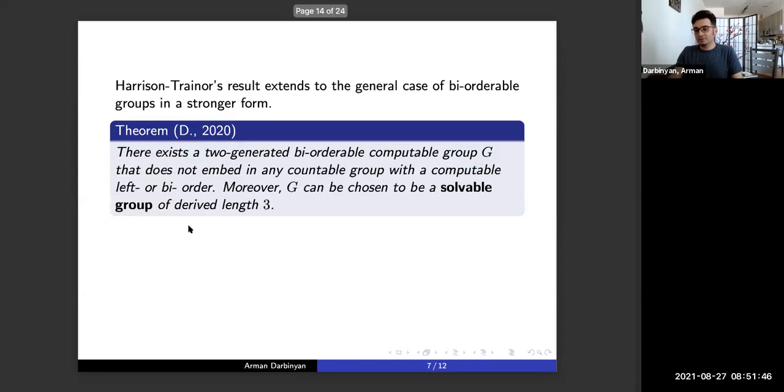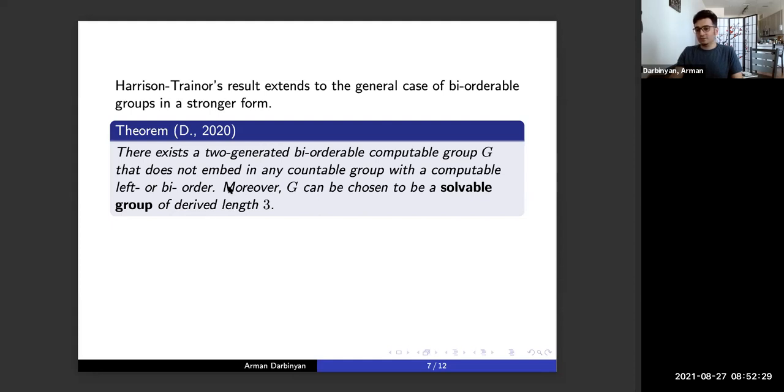And here I would like to advertise an answer to this question that was obtained 2 years after the result of Harrison-Trainer, that says that there exists a two-generated bi-orderable computable group G that does not embed in any countable group with a computable left or bi-order. So it not only is a counterexample to this question of Downey and Kurtz, but it says that it doesn't even embed in a group that will have the properties in the question of Downey and Kurtz.